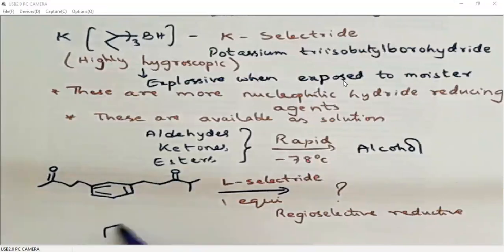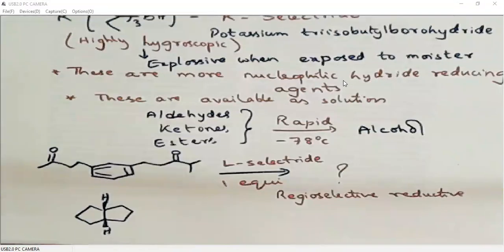Similarly, I did discuss this ring fusion, about 5-5, 5-4, 3-3, 3-4, 6-5, 6-6, something like this, right? So when we have two 5-membered rings fused together, we can only have a cis ring fusion.